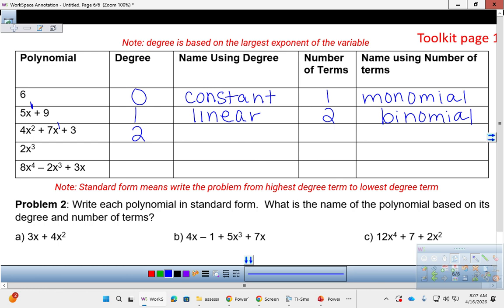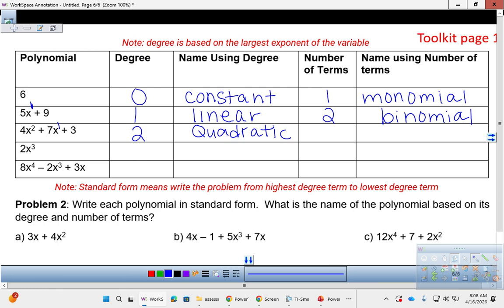It starts with a Q. You might know it once you see it. It's called a quadratic, which is kind of annoying because quad is 4 and a quadratic is the power of 2. I don't know who made that, but those are called quadratics. So highest power is 2, we call that a quadratic.